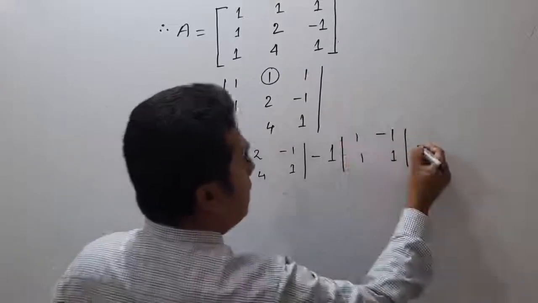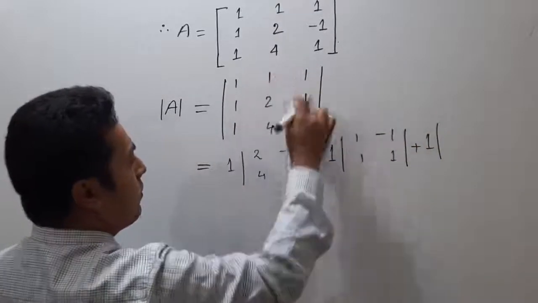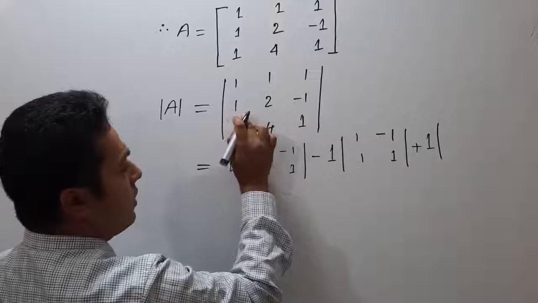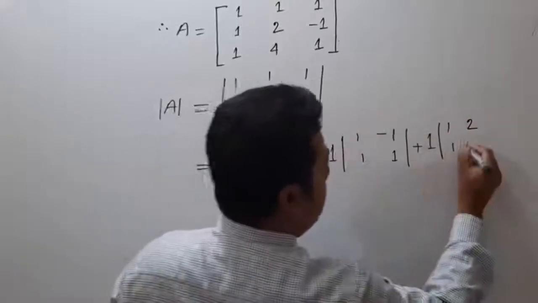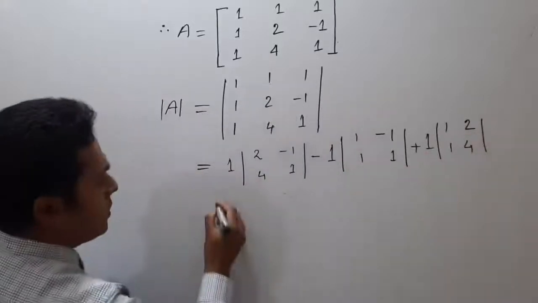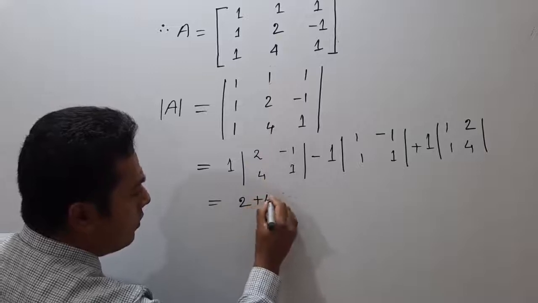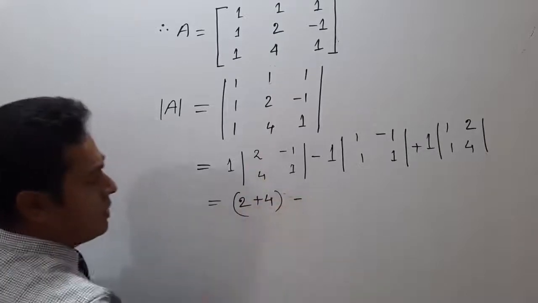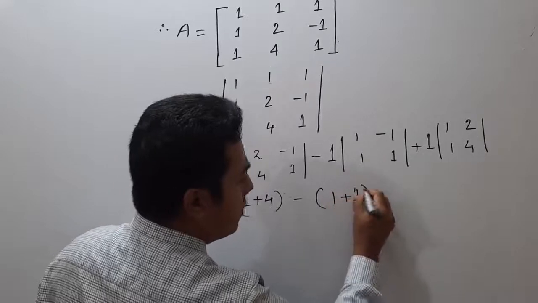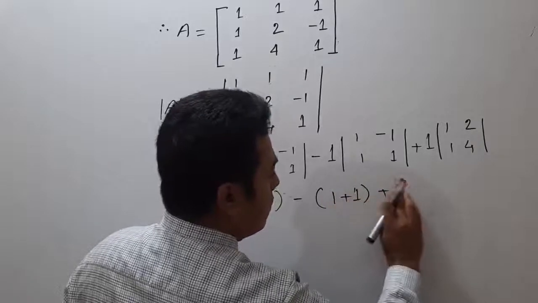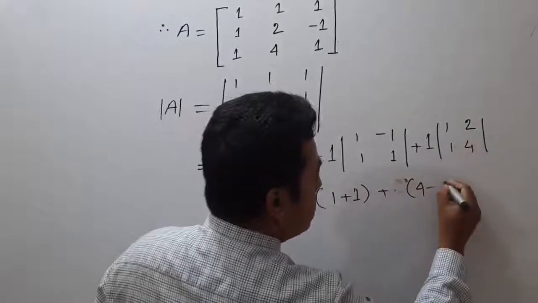Now the third element is 1, ignore its row and column: 1, 2, 1, 4. So multiplying, 2 plus 4, minus, -1 plus 1, and here 4 minus 2.